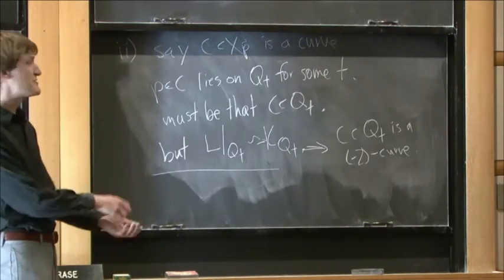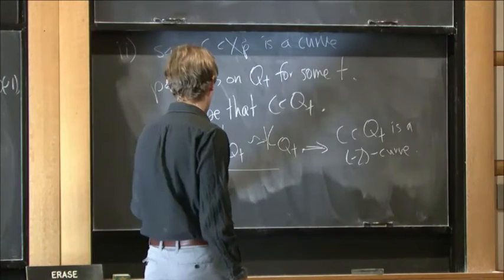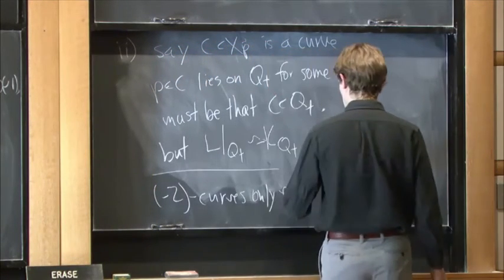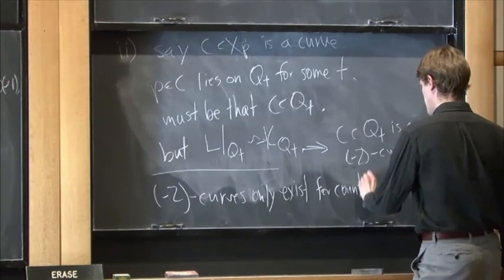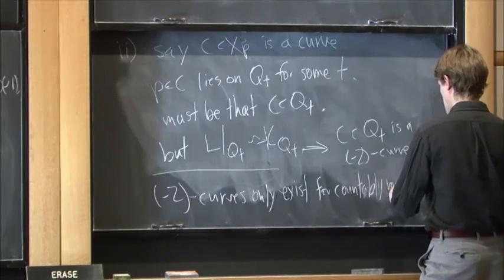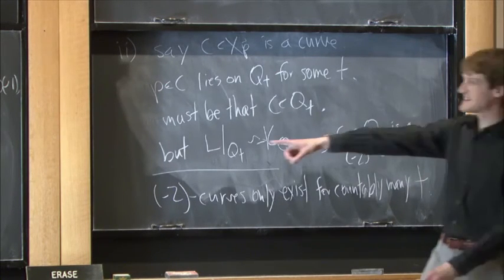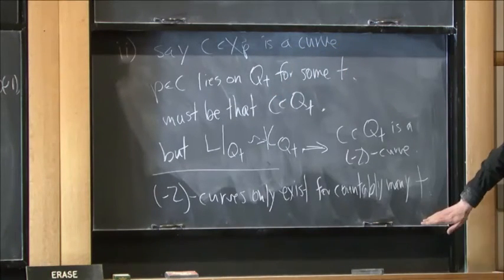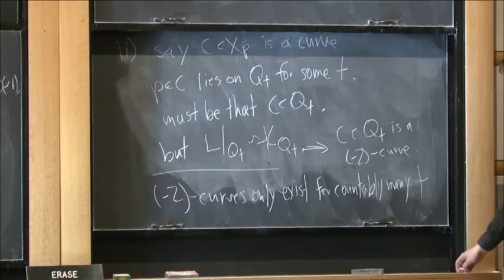And so there's at most countably many curves with L dot Z equals 0. OK, and that's it. So we explicitly constructed infinitely many rational curves. And there can't be any more than that, because they all have to be -2 curves on members of the pencil of quadrics. And this happens at most countably many times.